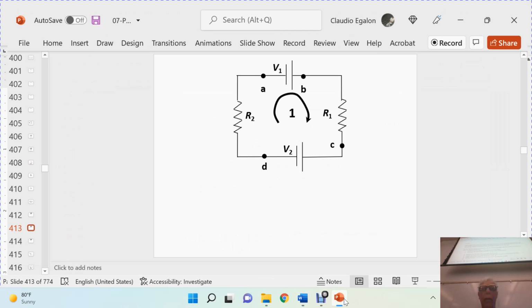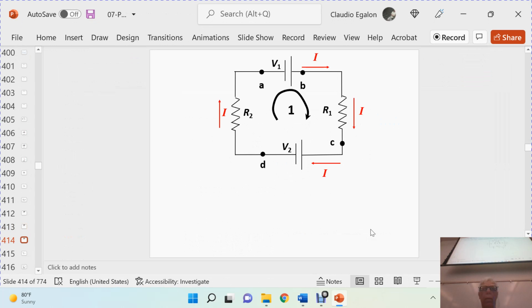Next, you set the direction of the current. Again, any direction you want. And then you start accounting for the increase in potential energy and the decrease in potential energy.